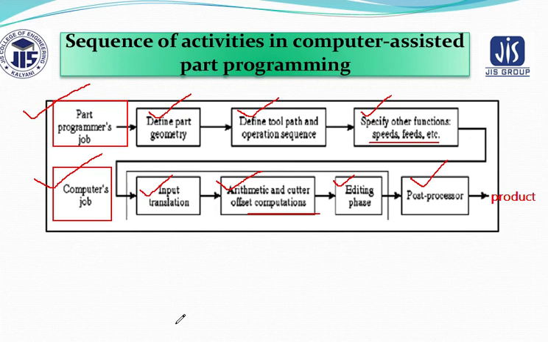So now if I come to the sequence of activities associated with computer assisted part programming, then the job basically starts with the part programmer who defines the part geometry of the product, then defines the tool path and operation sequence, then specifies other functions like speed, feed, etc. And the computer's first task is to perform the input translation, then arithmetic and cutter compensation is incorporated, later it performs the editing phase, and if post processes are required then it performs them, and then finally it helps to get the desired product.